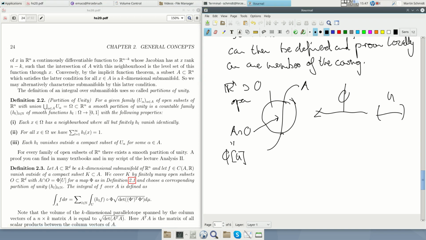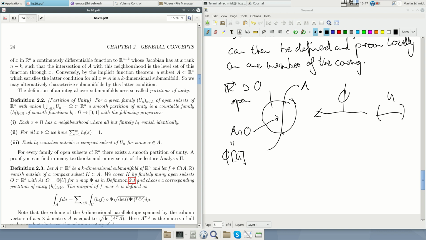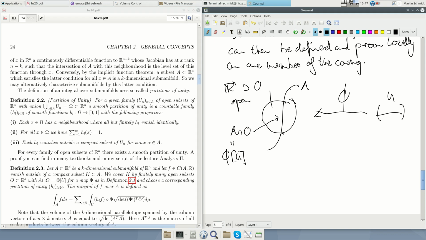So this image was in the definition called O, but here O is something different. We cover K, some compact subset of A, by such sets O.